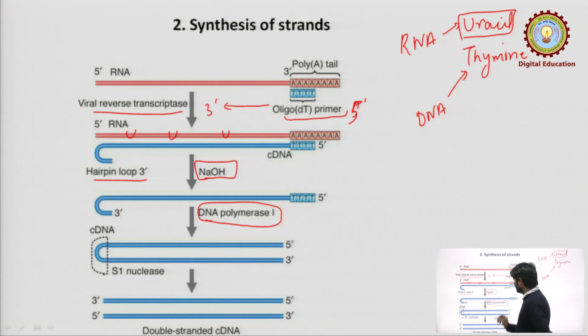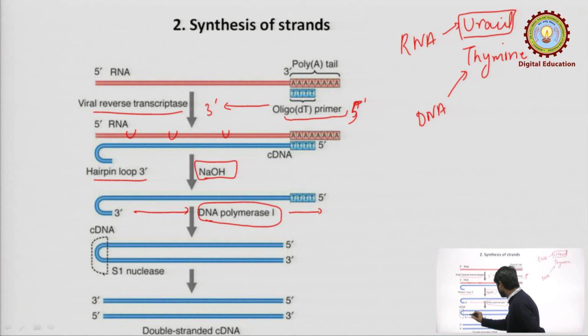So it will utilize this 3' end and it will synthesize the new strand in this direction. So it will form a hairpin loop like structure. So this hairpin loop like structure is our cDNA.